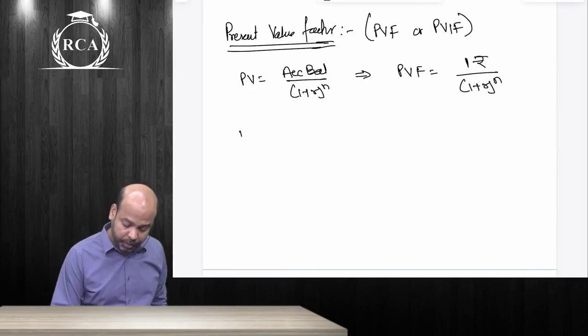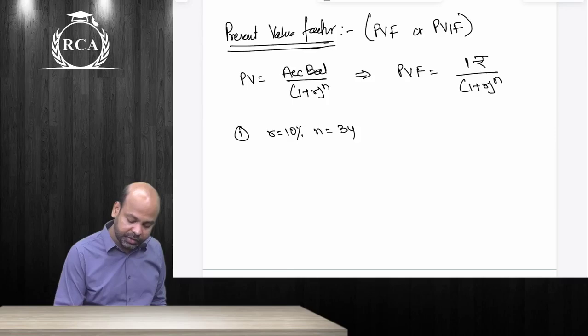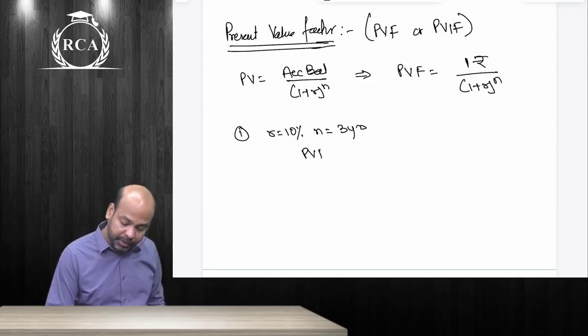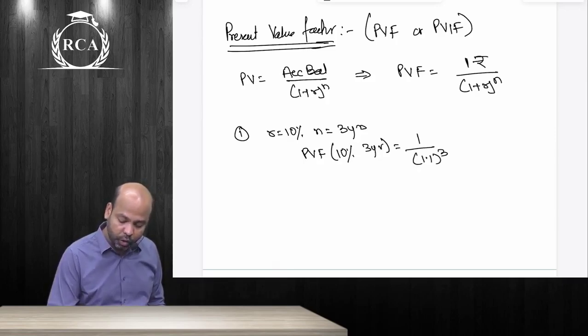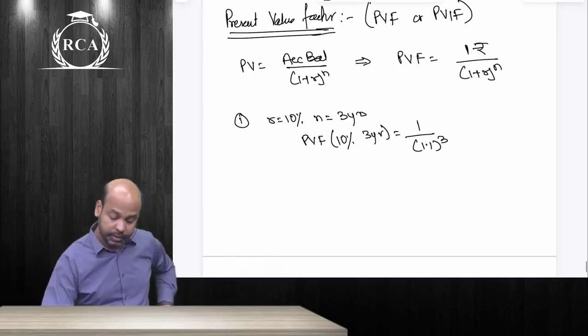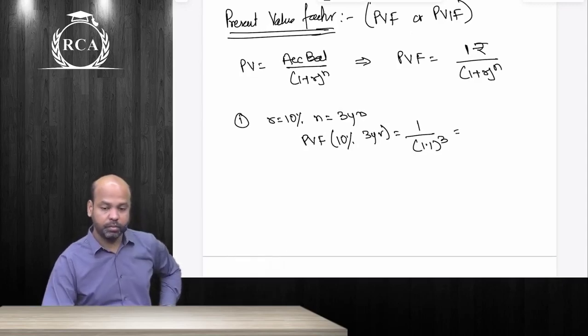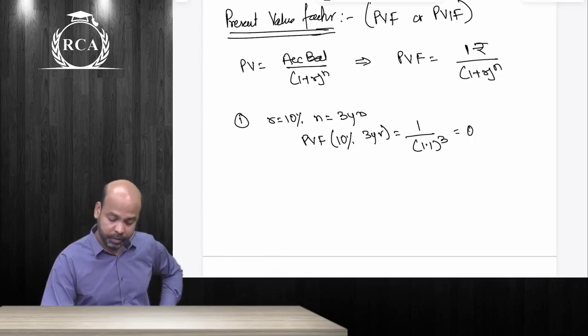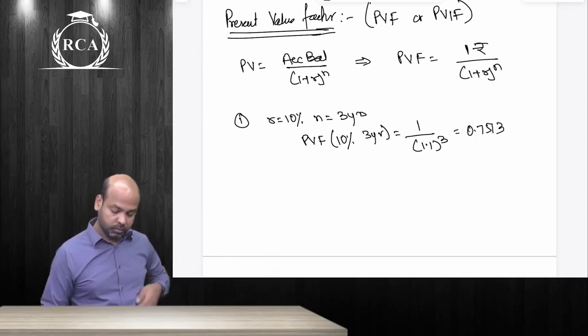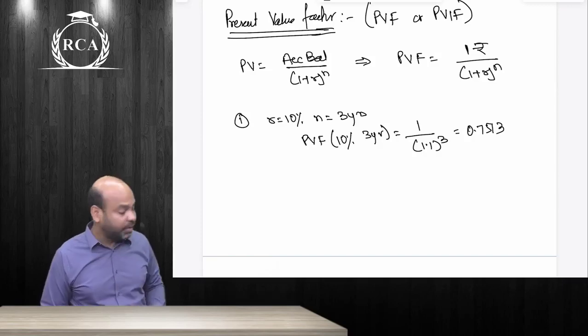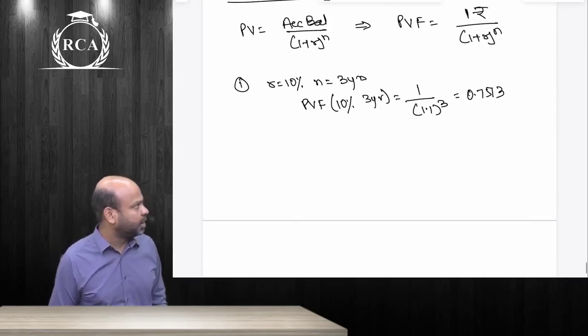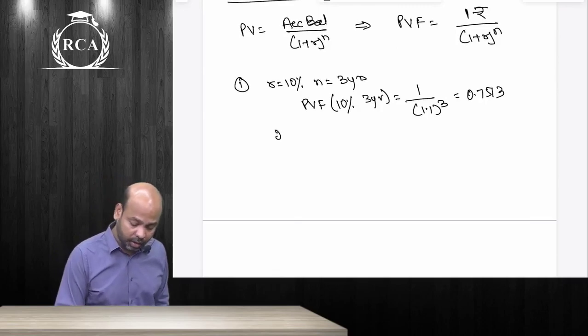So if the interest rate is 10% and the period is 3 years, we write the present value factor at 10% for the third year as 1 divided by 1.1 whole power 3. The present value factor at 10% for the third year will be 0.7513.